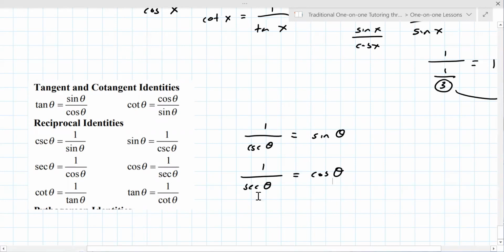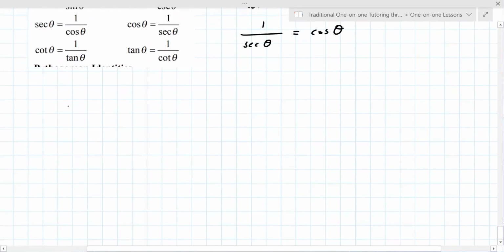Okay, and you might be thinking, well, why do I care, Matthew? Well, here's why. I'm going to ask you, what is the integral of sine x minus cosine x plus 1 over secant x? Actually, let me back this up. I could ask you the integral of 1 over secant x plus 1 over cosecant x dx.